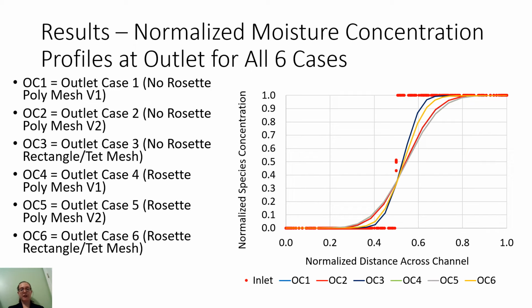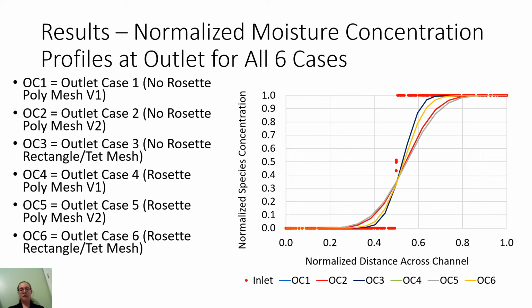Now we have a normalized moisture concentration profile at the outlet for all 6 of our cases. As you can see, we have our inlet case as well, and the inlet has a step profile while the others all deviate from that.